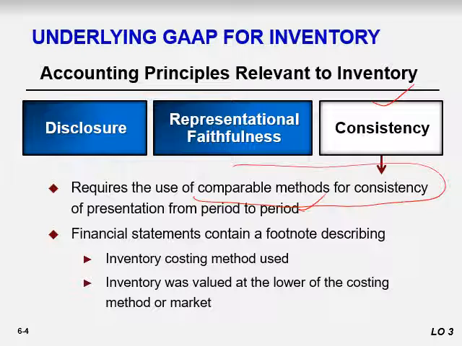Because in a high-price period, LIFO results in lower income and lower taxes, so you use LIFO. When there is a deflationary period, you use FIFO, because FIFO results in the lowest income in deflationary or decreasing price scenarios.